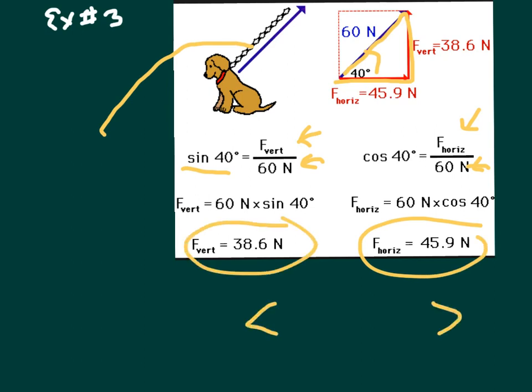If I had to write this in component form, this problem here would be doing the math, 45.9, it's all there for you. That's the amount of pull you're pulling Fido backwards, because that's horizontal, that's this direction. And 38.6 amount of force, he's being pulled upward. So just another application problem.